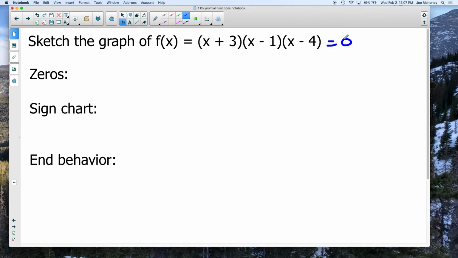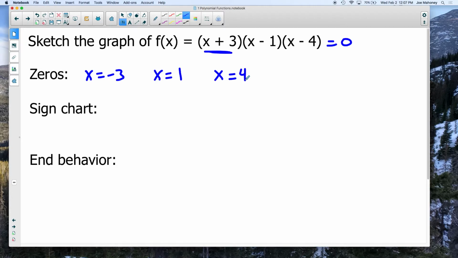Well, that means I want to know what's the value of x that makes x plus 3 equal 0. So x would equal negative 3. Or when x minus 1 equals 0, we get x equals 1. Or when we make the factor x minus 4 equal 0, we get x equals 4.